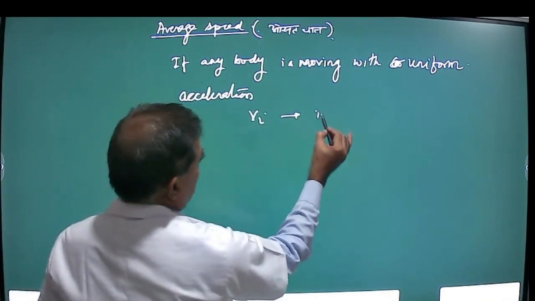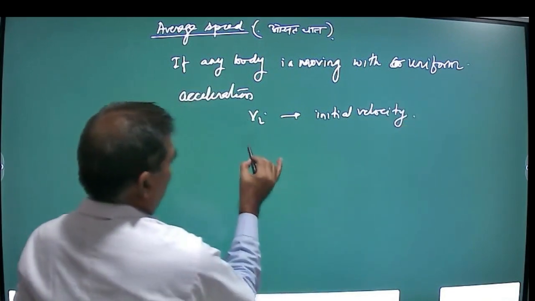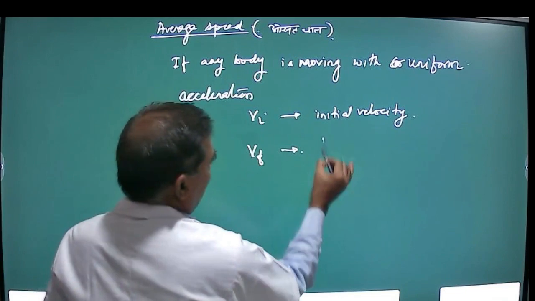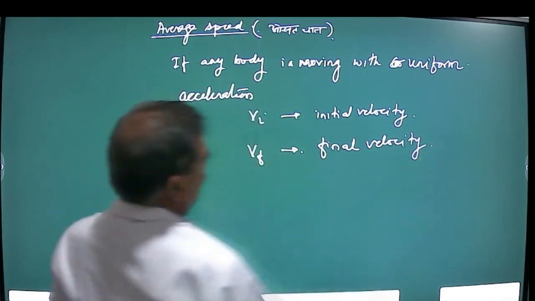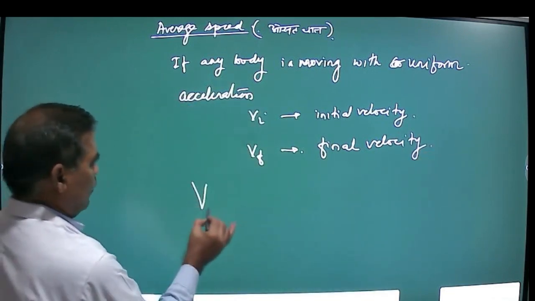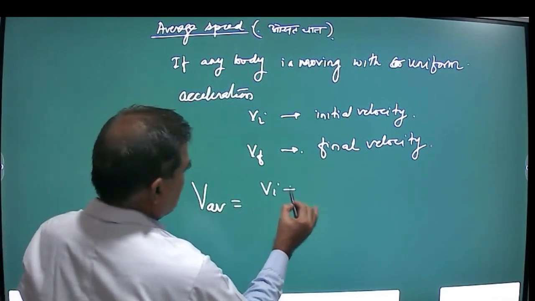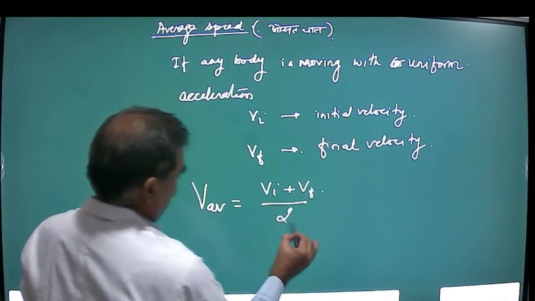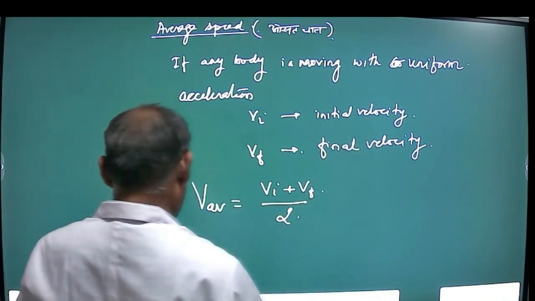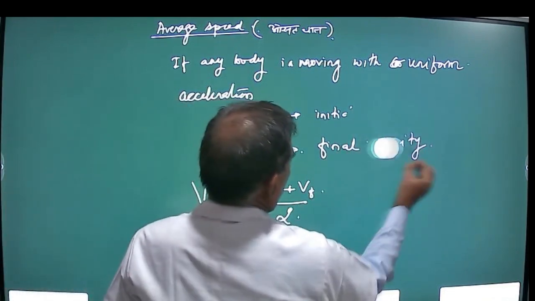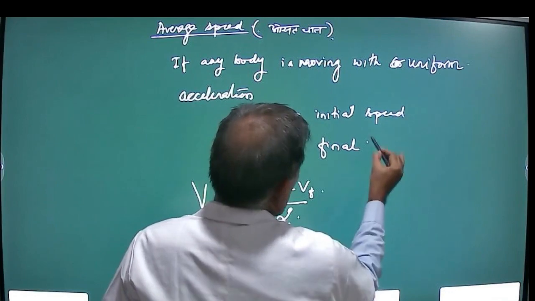This is the initial velocity. आरंभिक वेग उसका इतना रहेगा, and Vf, this is the final velocity या अंतिम वेलोसिटी. So what will be the average velocity? Average speed will be equal to Vi plus Vf divided by 2. Right, this is the initial speed, final speed.